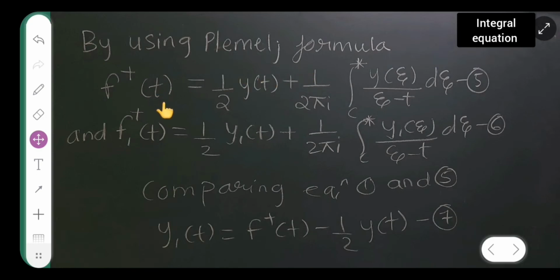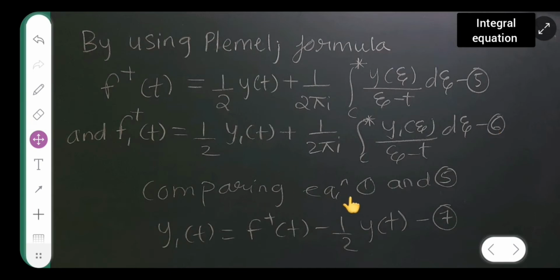So f plus of t, by the Clemage formula, is equal to half y of t plus 1 upon 2 pi integral from c to star of y of xi upon xi minus t d xi, and take this as 5. And f1 plus of t is equal to half y1 of t plus 1 upon 2 pi integral from c to star of y1 of xi upon xi minus t d xi, and take this as 6, okay?